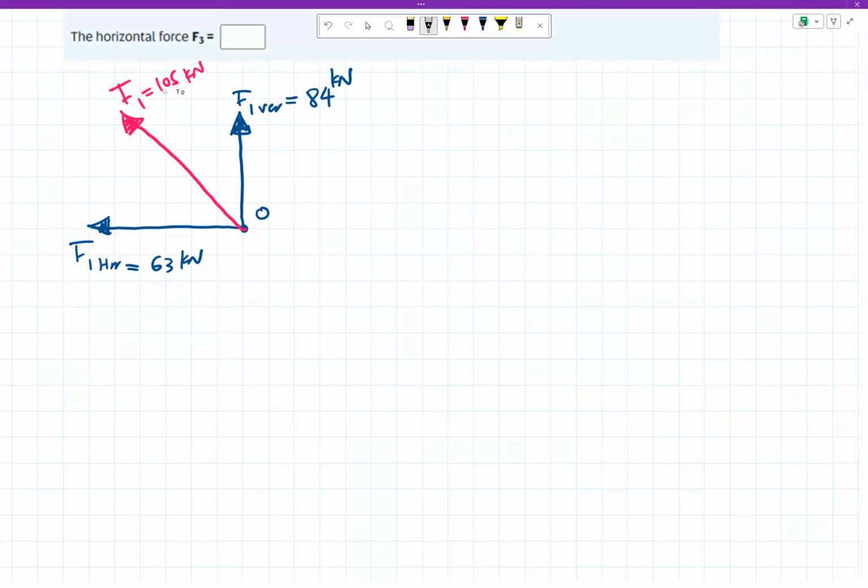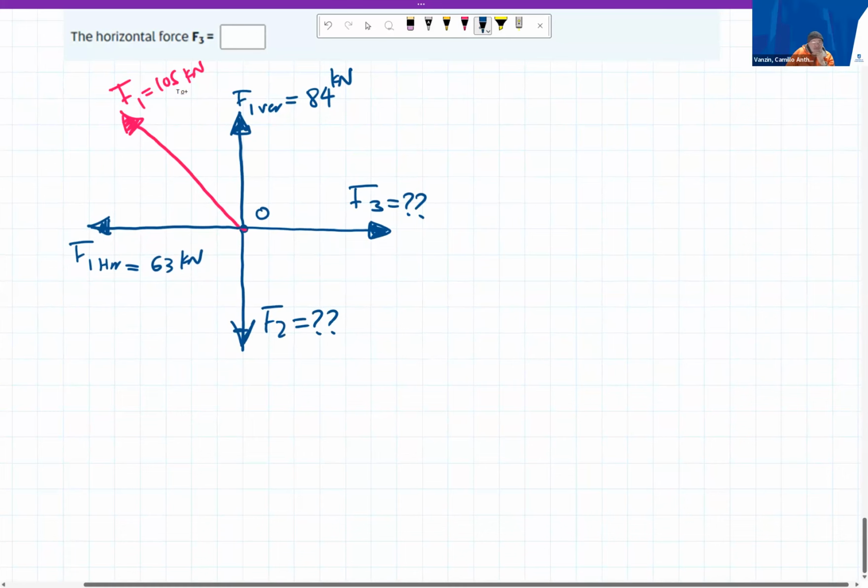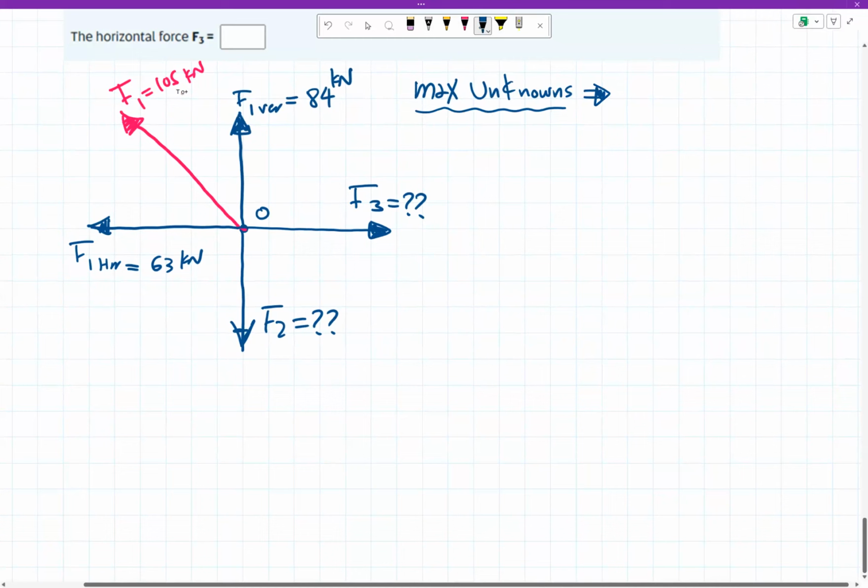Okay, so what else do we have? F3 unknown and F2 unknown. This is just a question for you, quickly: how many unknowns could we have?